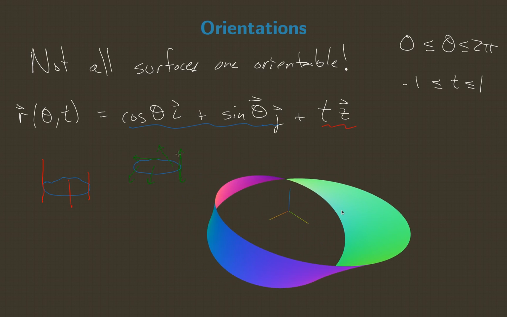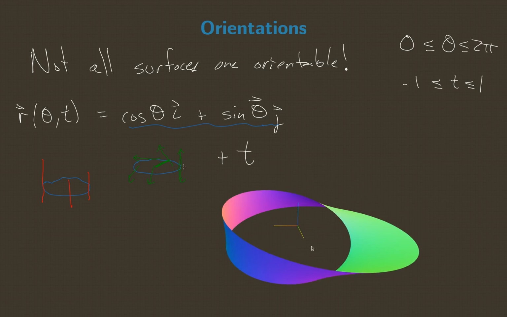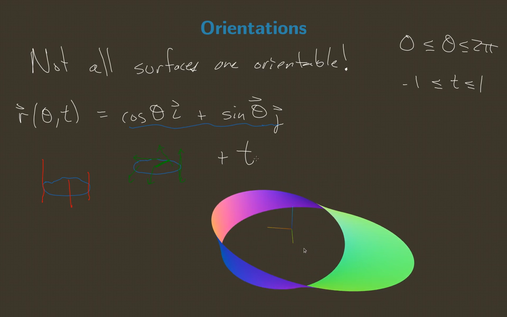I want it to tilt inwards towards the origin, or maybe outwards. It doesn't matter, just that it's moving in a line parallel to the xy-plane. So we'll start out with cos theta i plus sine theta j as before, but now we'll add t times, instead of just an up and down k, something that's tilting.